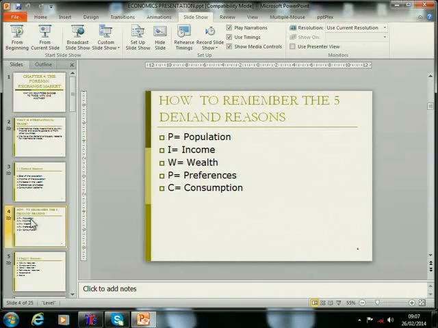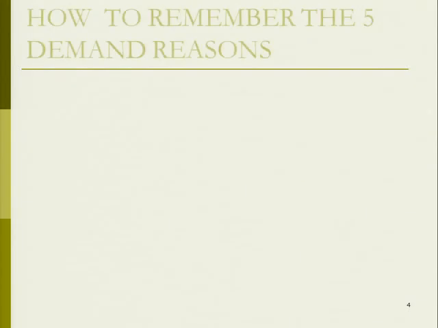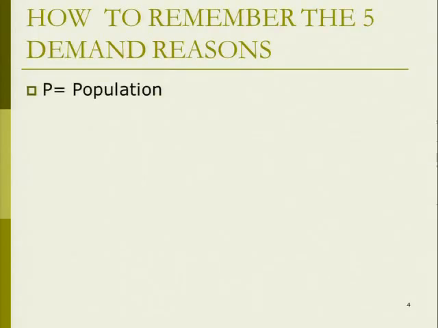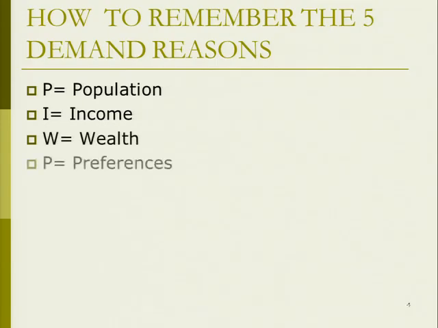To make it easier for us to remember all these things, we go on this: P for population, I for income, W for wealth, P for preferences, C for consumption. You can call it PC, like we normally do. You know by now when you say lol, what do you mean by that?